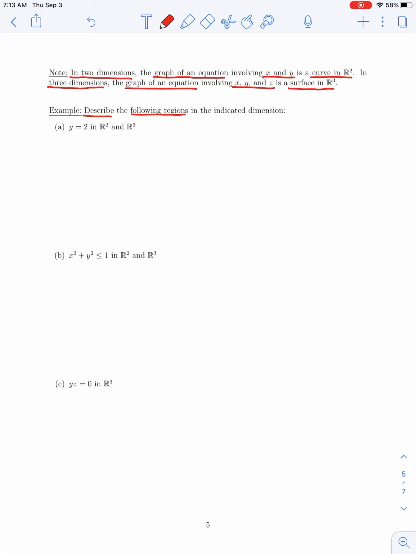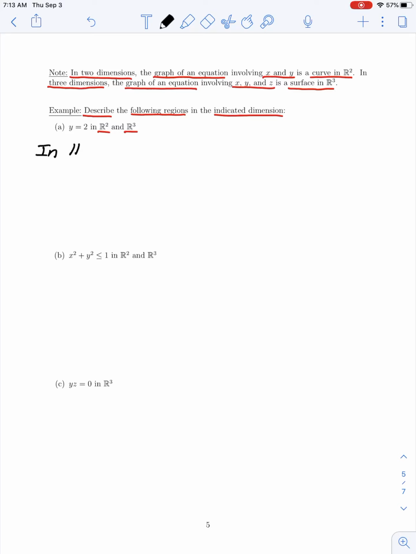So here we're asked to describe the following regions in the indicated dimension. And in part A, we're given an equation y equals 2. We want to know what that equation describes both in R2, that is in the plane, and in R3, in space. Let's start by describing what it is in the plane.